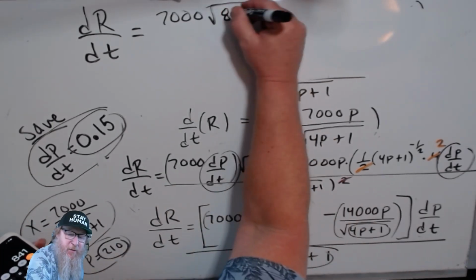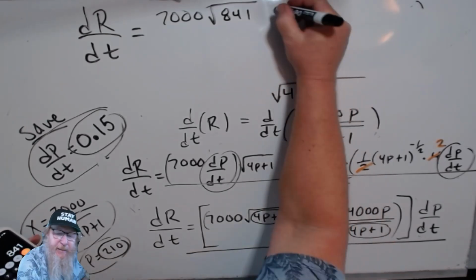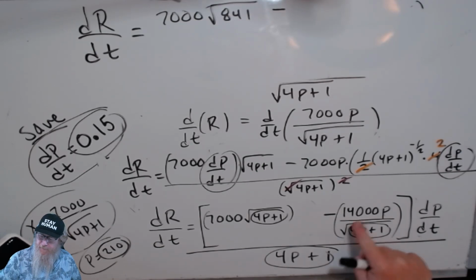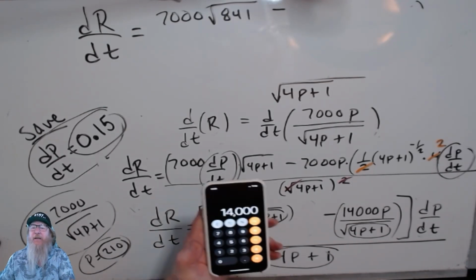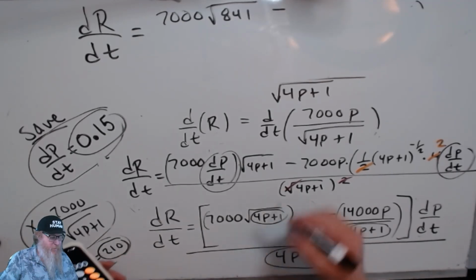So that's the square root of 841 minus 14,000 times 210. 14,000 times $210. That's how much we're selling each widget for.